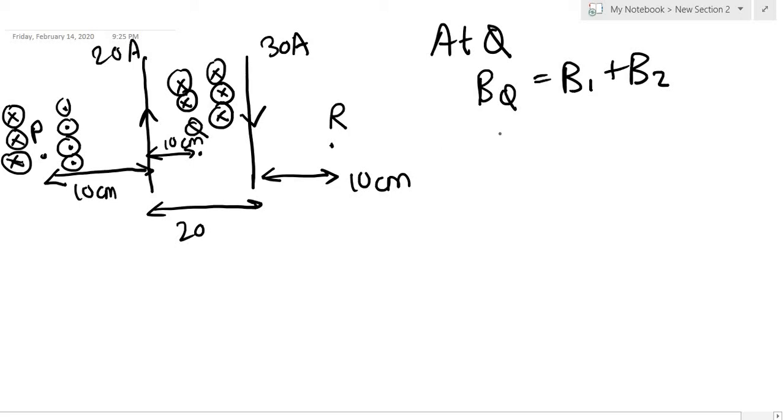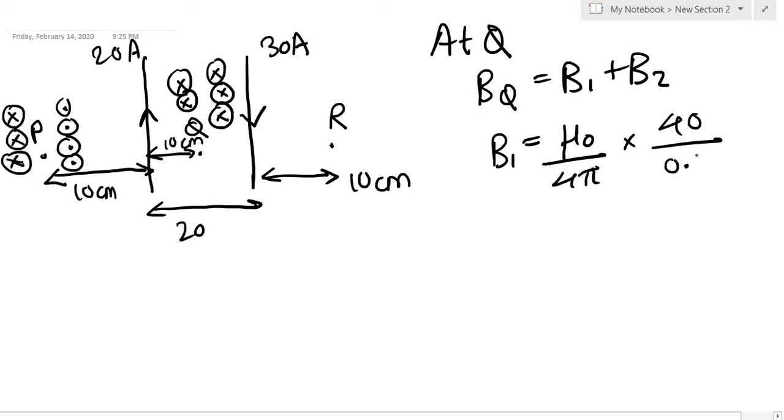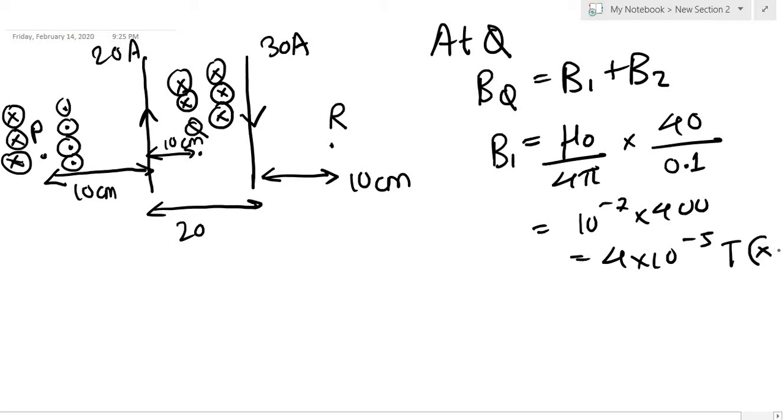So let's find B1. So mu naught by 4 pi. I won't write the formula this time. I'll just directly substitute 2 into 20, 40 over, now the new distance is 10 centimeters because it's point Q now. So 10 to the power of negative 7 into 400, like before, is 4 into 10 to the power of negative 5 Tesla, but it's penetrating.